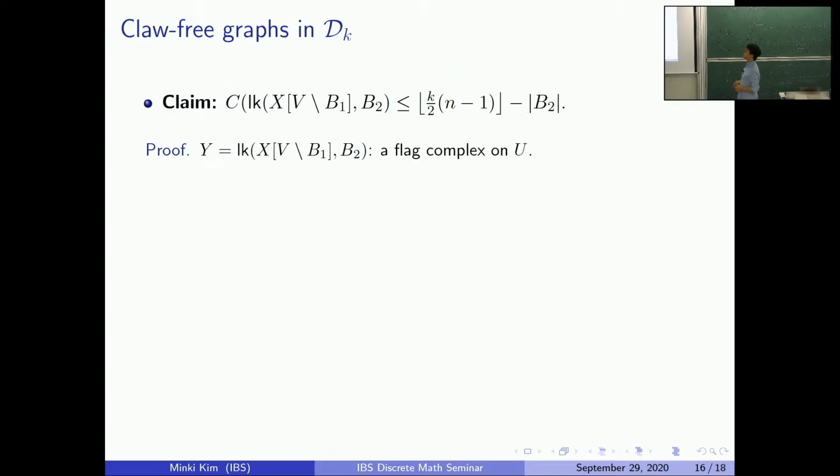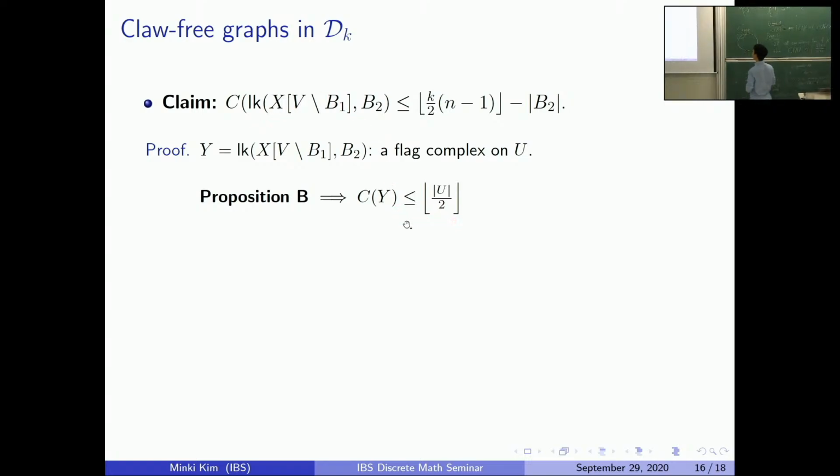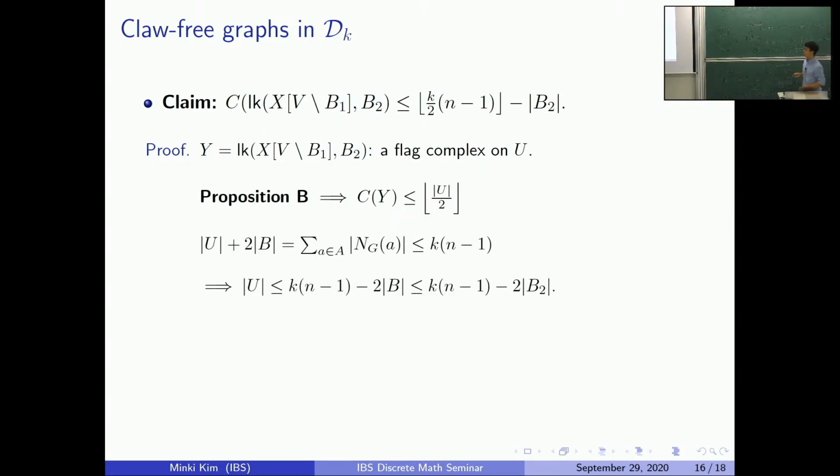So now we have Y, a flag complex, and we can apply proposition B. So the collapsibility of Y is bounded by half of the size of U. And we can bound the size of U by double counting again.